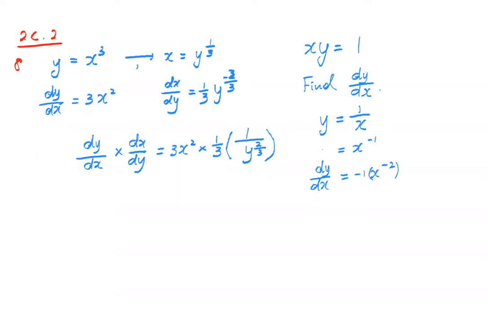What is y? y is x cubed, correct? So we replace in. Actually, I can cancel off this already. So this will be x squared times 1 over x cubed to the power of 2 over 3. Isn't it? I get 1.